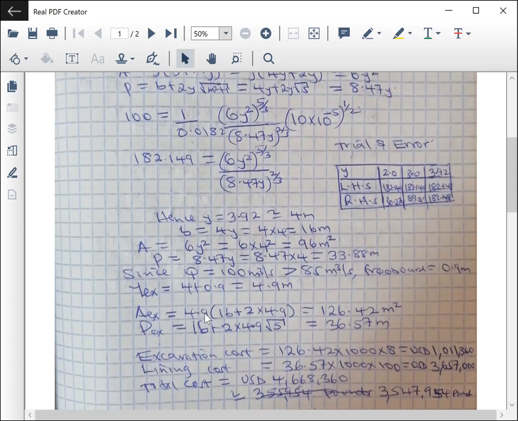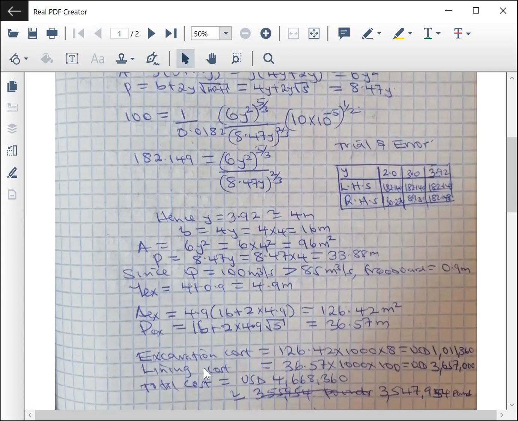So which is 4.9 into 16 plus 2 times 4.9, giving 126.42. Then excavated weighted perimeter will be 16 plus 2 times 4.9 root 5. Remember, we are just substituting these formulas we had before, but now instead of using y as 4, we use y as 4.9, because now we shall excavate 0.9 meter more for freeboard, or to provide added security.